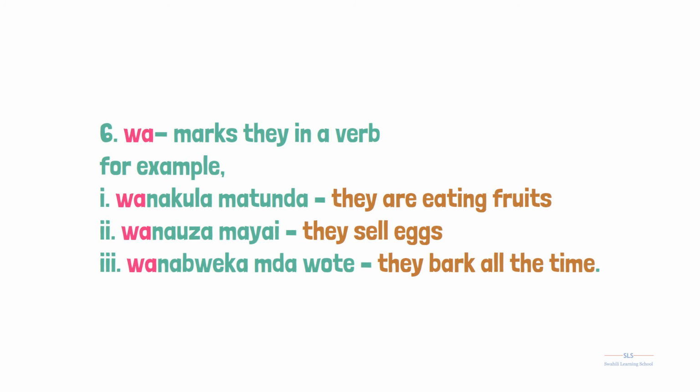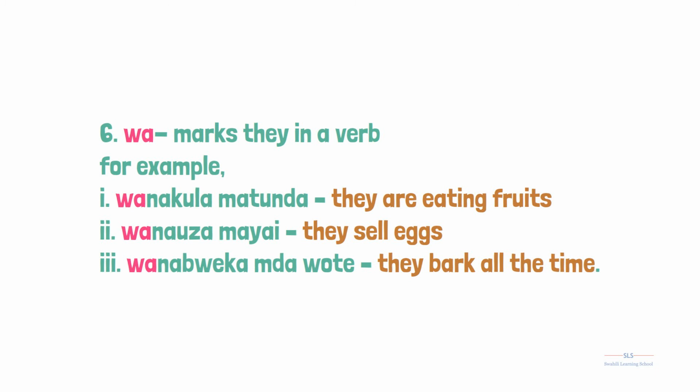So wa has been attached to a verb, wanakula, as a prefix, and it represents the subject which is they.